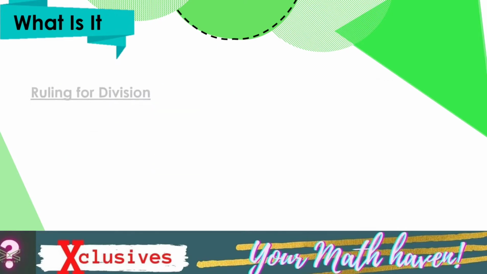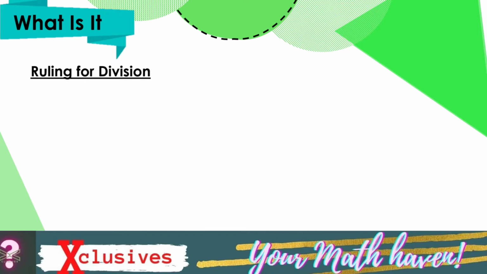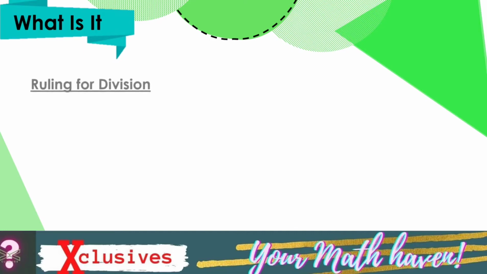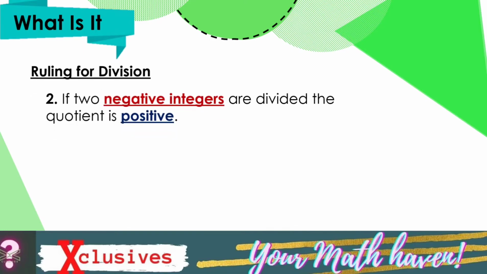Now let's go to the rules for division. Rule number 1. If two positive integers are divided, the quotient is positive. For example, positive 36 divided by positive 12, the answer is positive 3. Rule number 2. If two negative integers are divided, the quotient is positive.